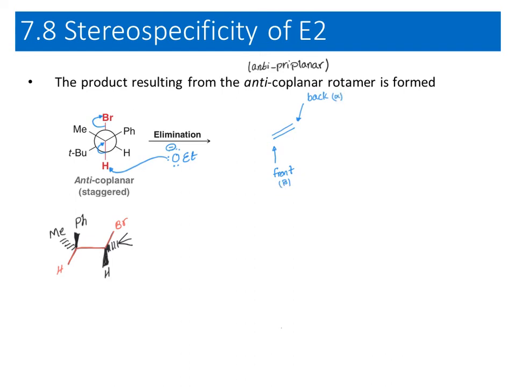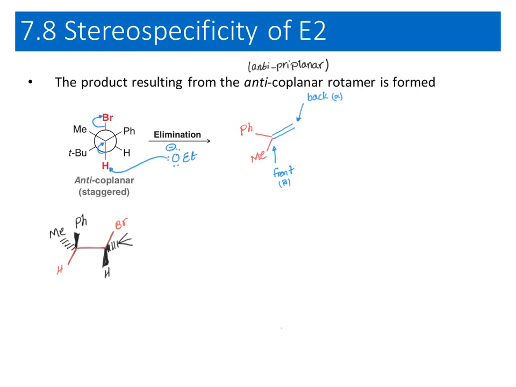Specifically in this example, the front carbon is beta. In some examples, you may see that the front carbon is the alpha carbon. Now the very important thing here is that to the front carbon we have phenyl and methyl attached. So let's attach them to the front carbon.